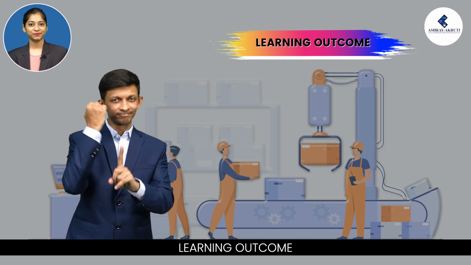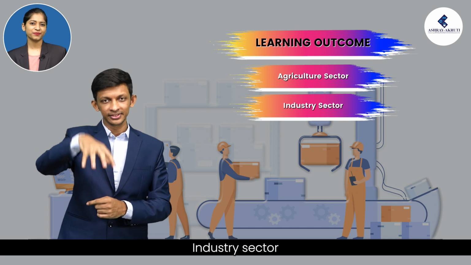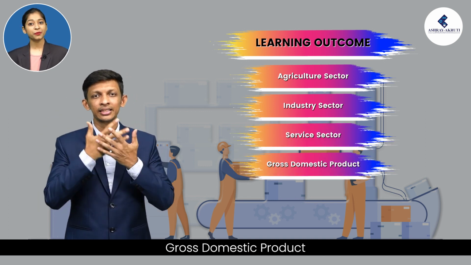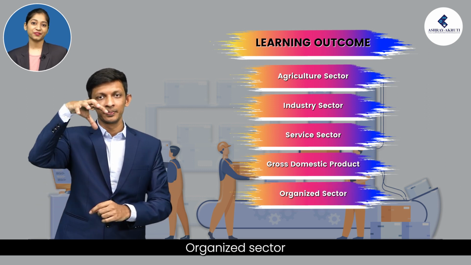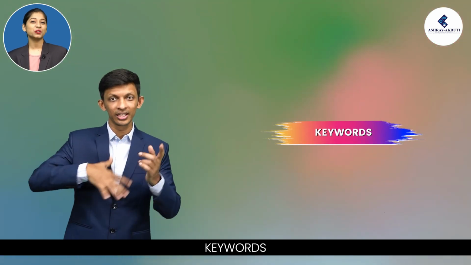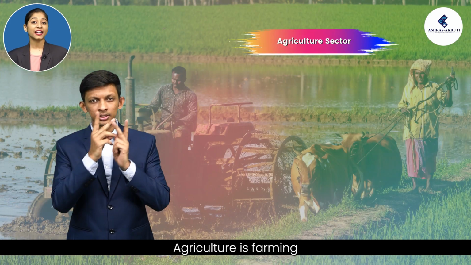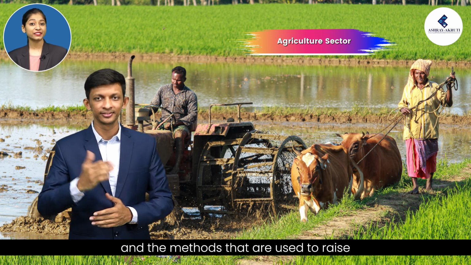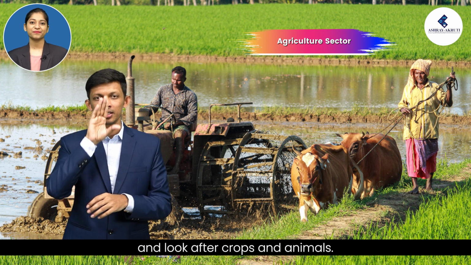Learning outcome: agriculture sector, industry sector, service sector, gross domestic product, organized sector, unorganized sector. Keywords: agriculture sector: agriculture is farming and the methods that are used to raise and look after crops and animals.